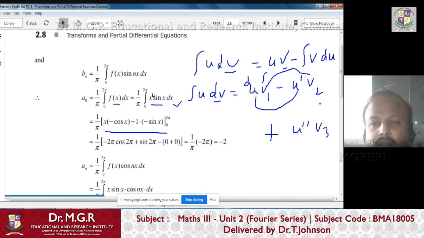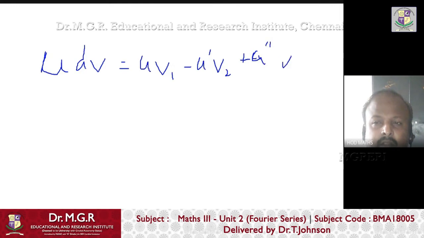I'll write it on the whiteboard. So the integration Bernoulli's formula looks like this: u dv is equal to u v1 minus u dash v2 plus u double dash v3 and so on.